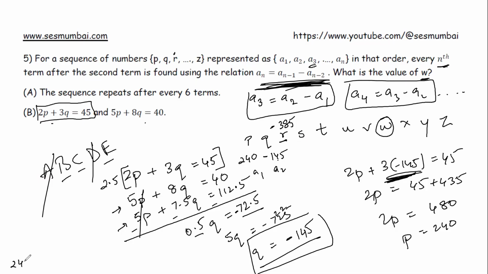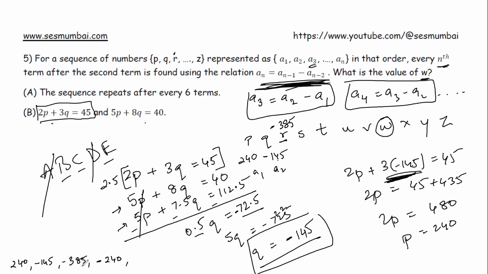So we get 240, then we get negative 145, that's your Q. Then you get negative 385, and then the fourth term will be this minus this. So we get minus 385 minus of minus 145, so that is plus 145, right? So it's negative 240.